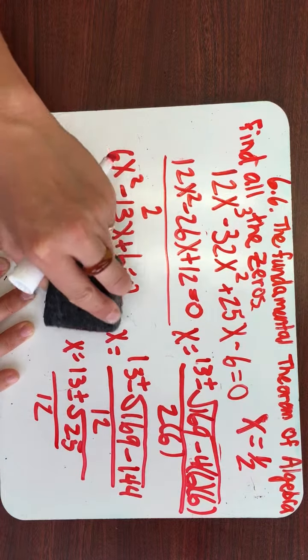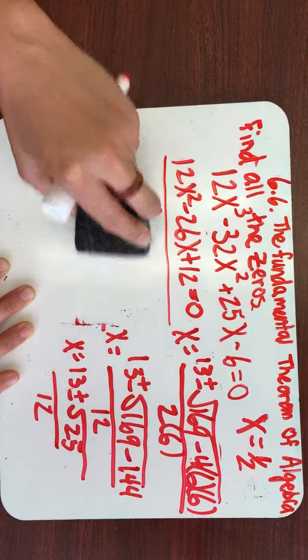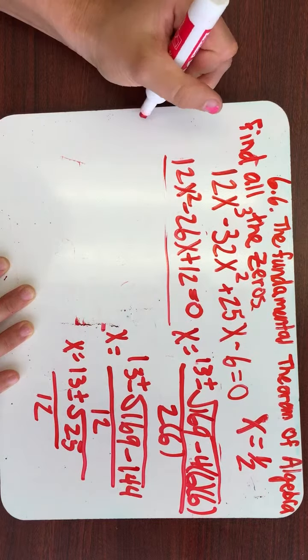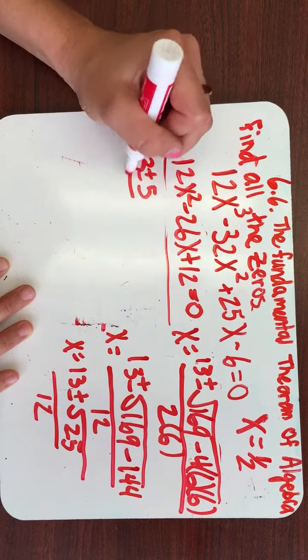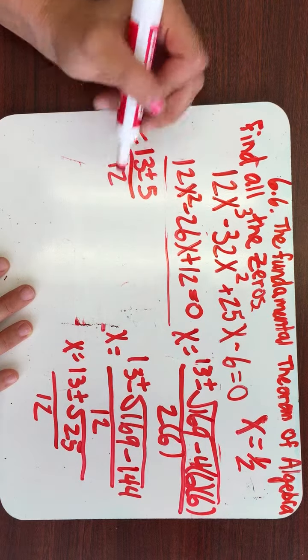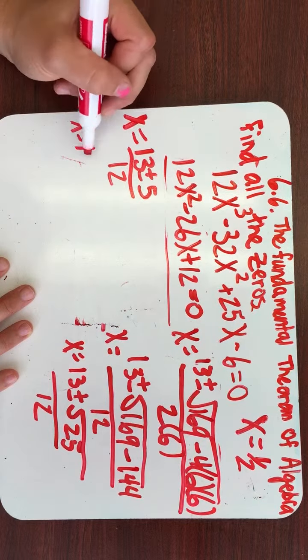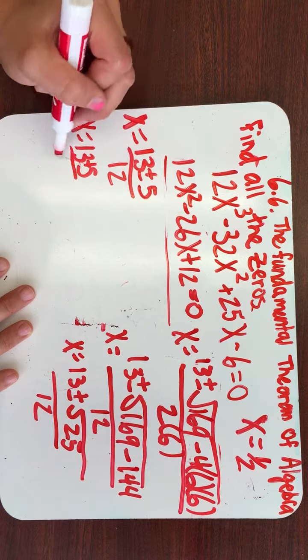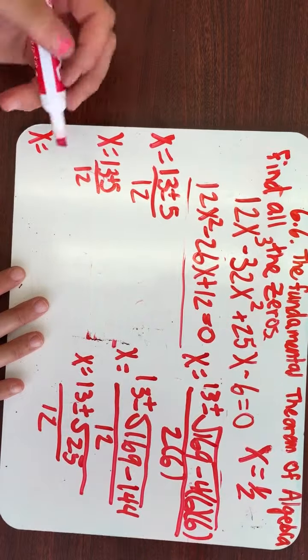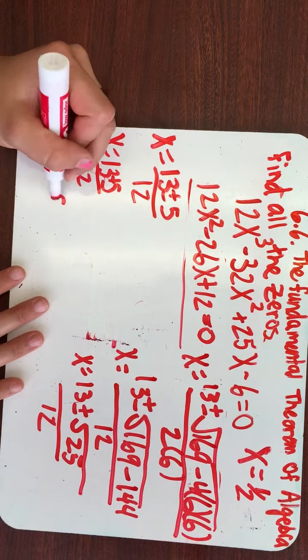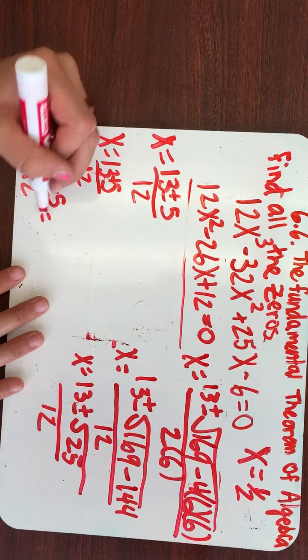I'll get x equals 13 plus or minus 5 all over 12, and then we can break this up. 13 plus 5 over 12, and 13 minus 5 all over 12.